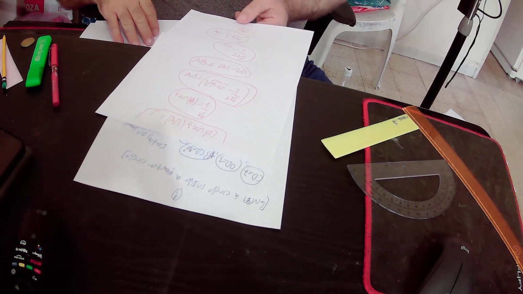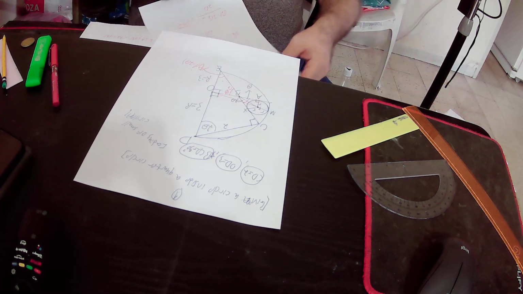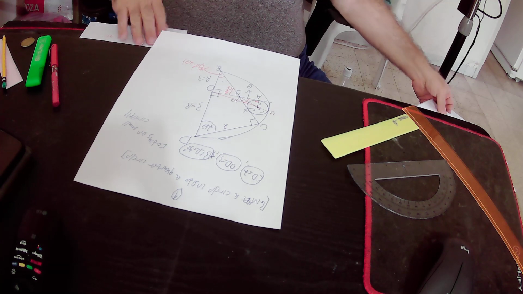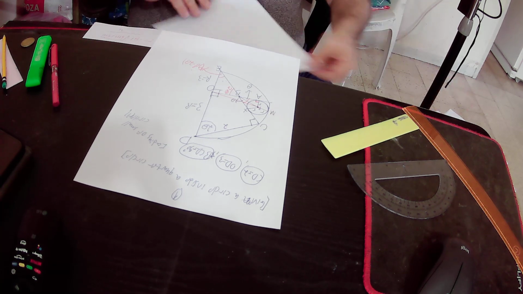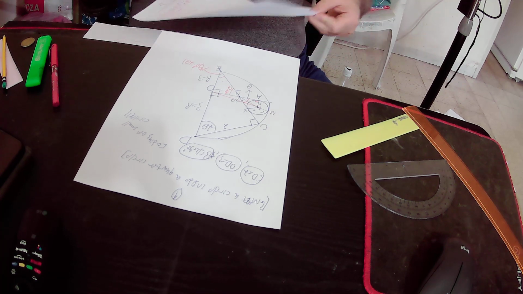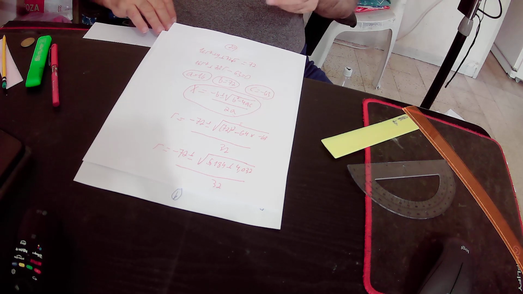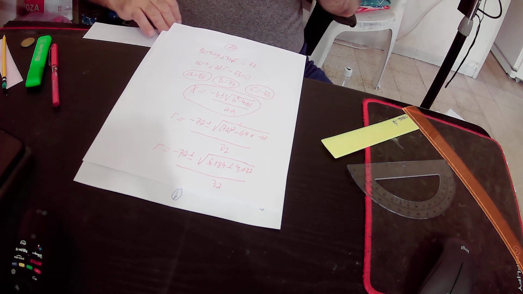We did it and actually we got a quadratic equation. The missing variable is small r, the radius of the small circle.